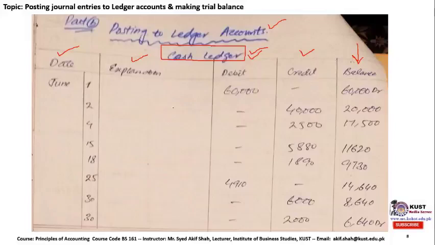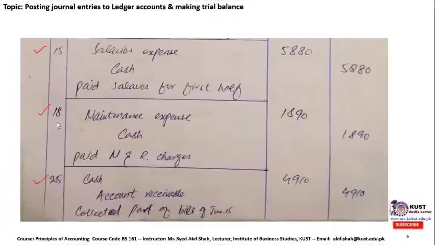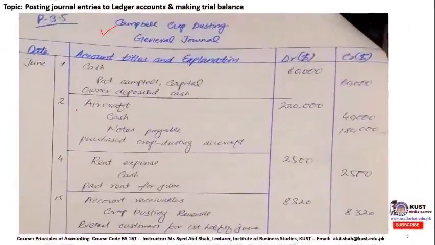So what you have to do is go back to your previous step number 1, the journal, and try to find the cash related entries. Let's go back. Here we have our first entry of June 1st, and we got a cash entry with a debit balance.